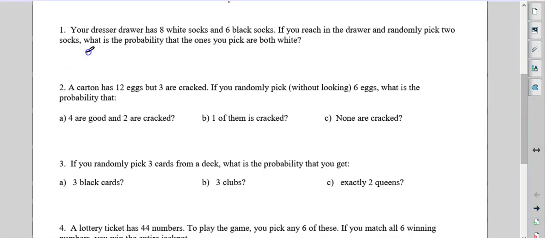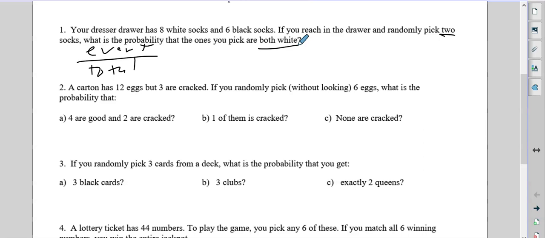Remember, when we're talking about probability, we're talking about the event over the total. Okay? So it says your dresser drawer has 8 white socks and 6 black socks. If you reach in the drawer and randomly pick 2 socks, what's the probability you will pick both white?